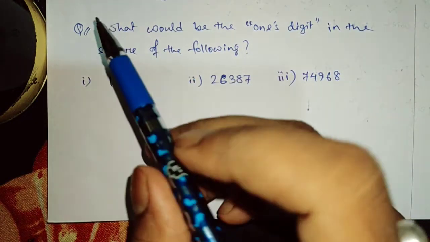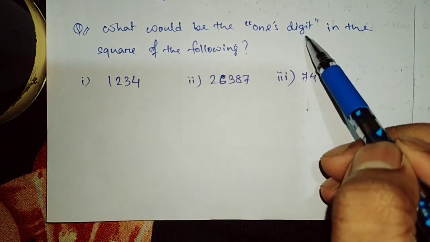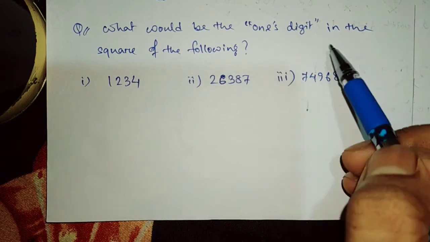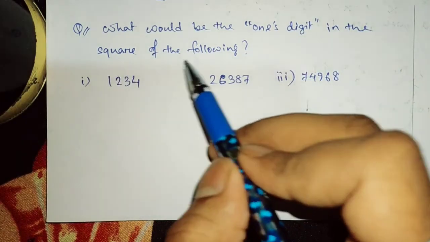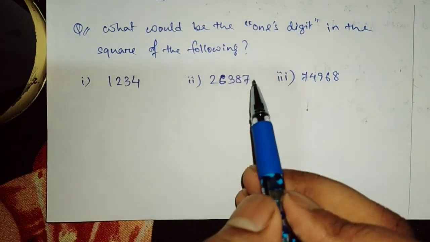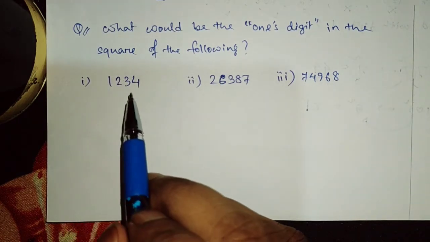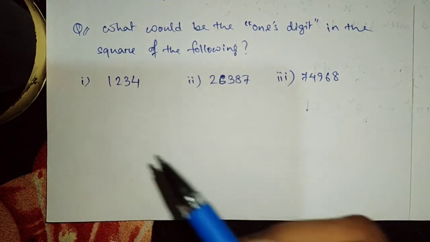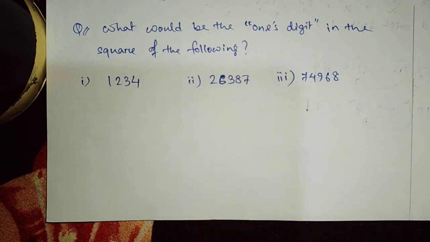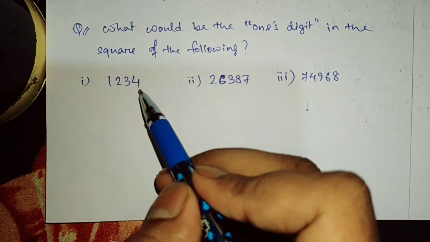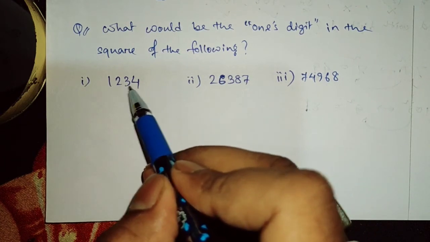Let us see one more question. What would be the ones digit? Ones digit means the last digit. The ones digit in the square of the following numbers. We have certain numbers given, and if we find the square of these numbers, what will be the last digit? As I've already said, if the question is about the last digit, you just take the last digit.